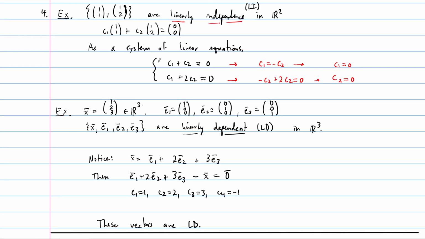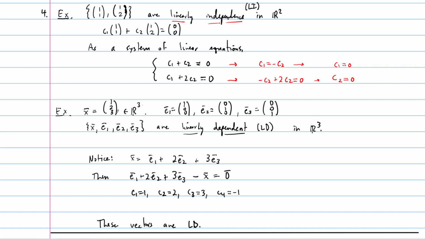And what would happen is that if we had 4 vectors, we'd have 4 unknowns for the coefficients, but we would only have 3 rows to make our equations. So we would end up with an underdetermined system with 3 equations and 4 unknowns, right?